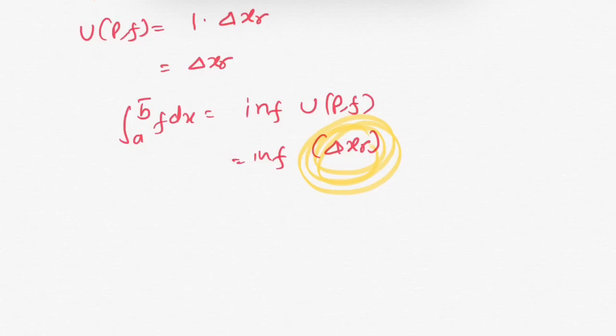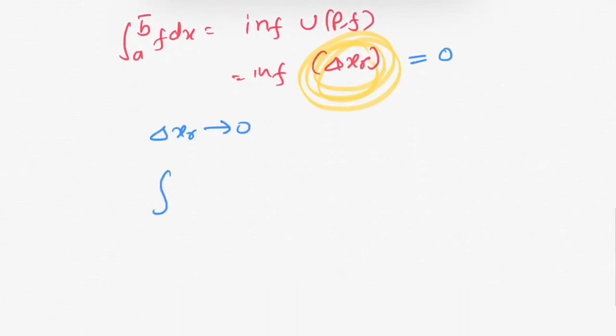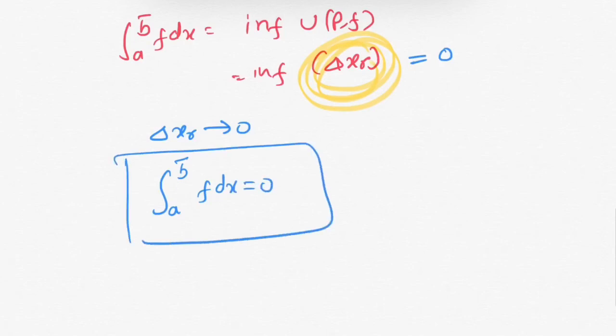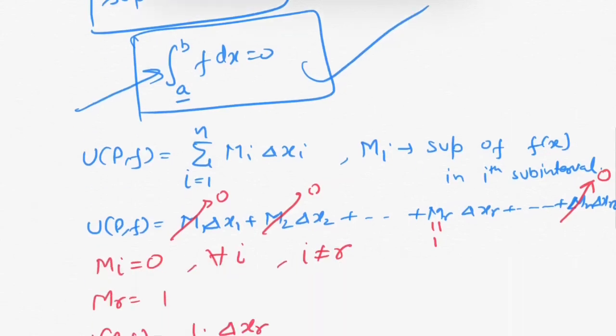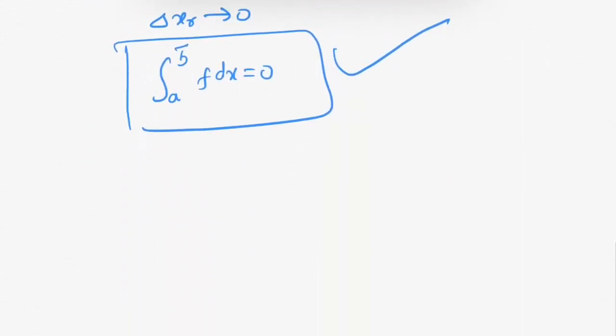When this delta x_r tends to 0, this infimum value will also tend to 0, and this implies integration a b bar f dx equals 0. So now you can see both the upper Riemann integral and the lower Riemann integral are equal, and they are equal to 0. Hence f is Riemann integrable.